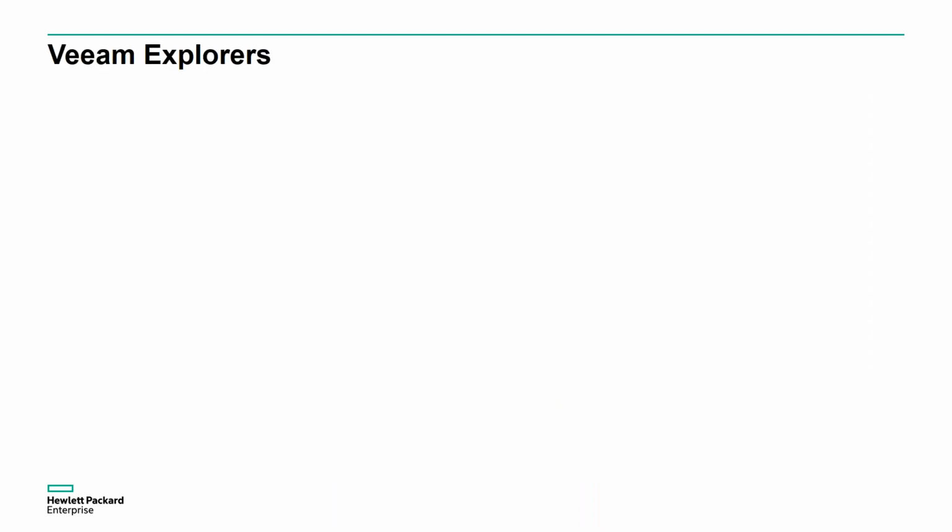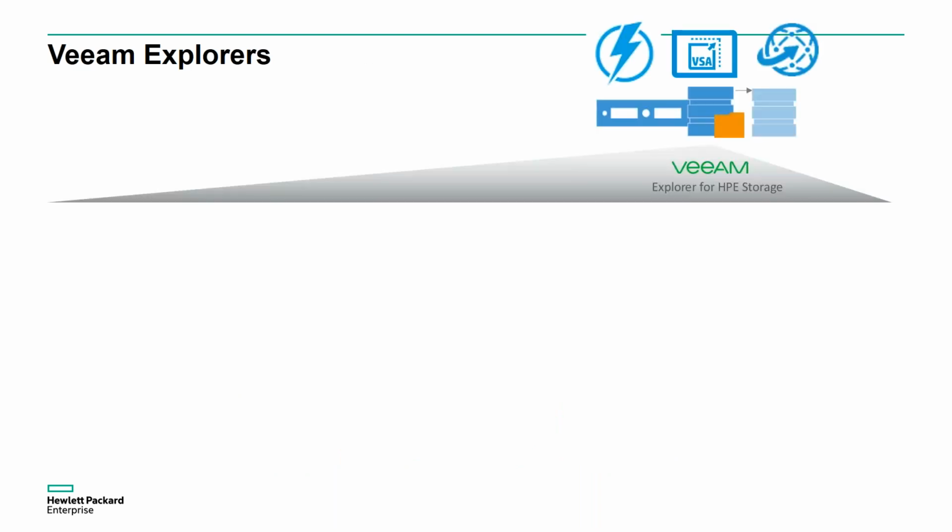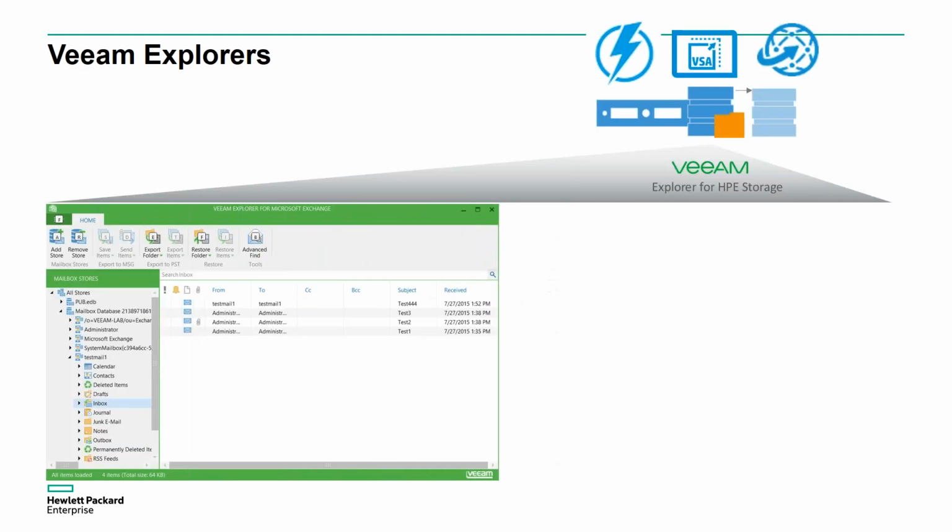So we have our Explorers. Our Explorers are able to provide recovery from both backups and snapshots. We have an Explorer for Microsoft Exchange, so the ability to bring back individual email items, calendar items, contact items in 4 clicks and no staging. And from a storage snapshot, very performant.